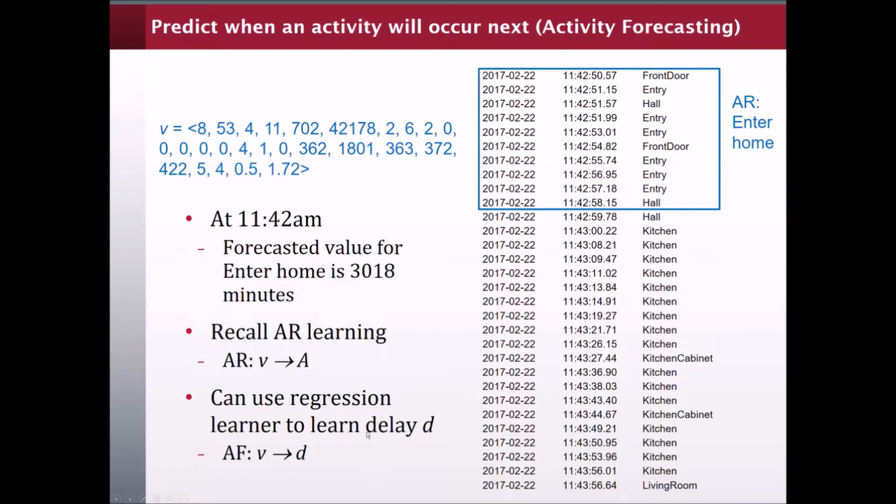So what we can do instead is use a regression learner that will actually learn a mapping from the feature vector to a numeric value D, which represents the time delay before the activity of interest will occur again.